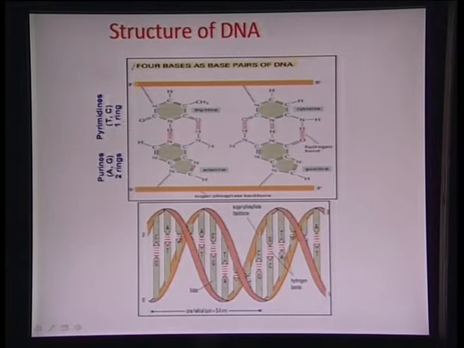Let us look into a little more detail of the structure of how these bases are realized. In this figure, you have the sugar phosphate backbone represented as these orange thick lines on both sides, and the bases are the connections between these 2 orange lines. You have thymine and cytosine on one side, and adenine and guanine on the other.